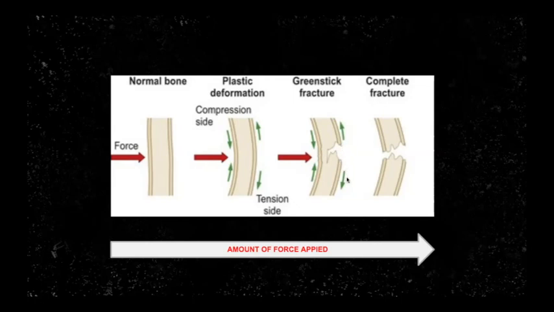And if we give the biggest force, probably the patient will have a complete fracture. As compared to adults, the bone is much more, let's say, brittle than in pediatric patients. So we don't really see plastic deformation and also greenstick fracture in an adult.